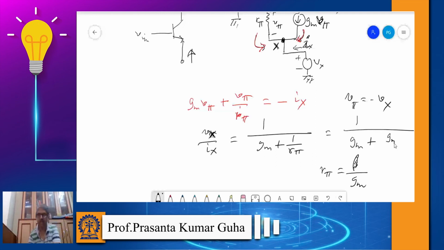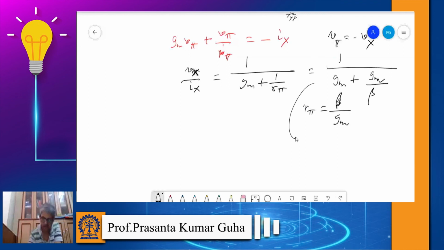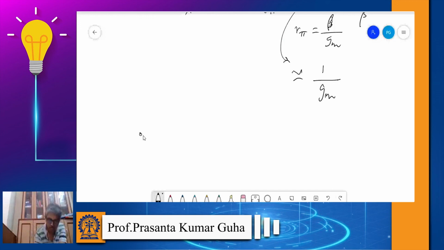We can neglect this second term because beta is usually a couple of hundred, so we can write this as 1 over Gm. You should remember this point very carefully. Let me write it down once more, because you have to use this in many circuits in future.